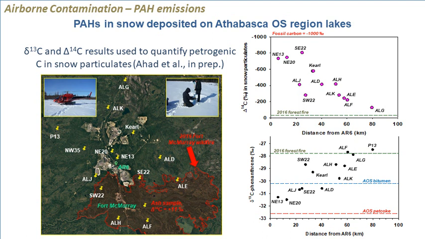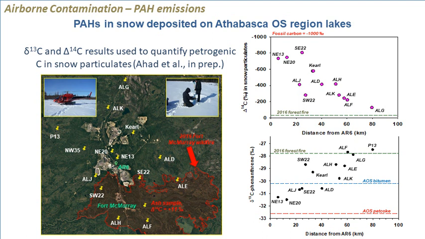And Jason has characterized different end members, including the forest fires that produce a lot of natural PAHs. And on the two graphs, what you can see is basically a mixture between this natural end member and the pet coke, for instance, on the lower left for stable carbon, showing what is the anthropogenic type of end member. So it's another example of fingerprinting the various sources of PAHs in the oil sands area.